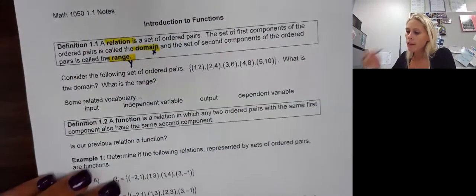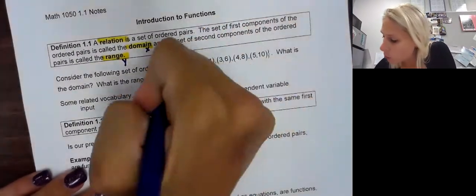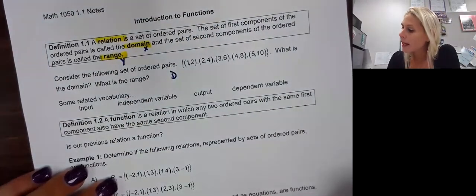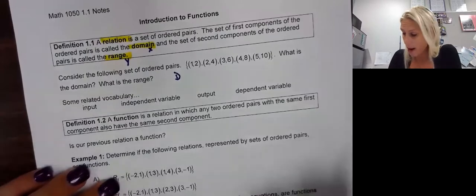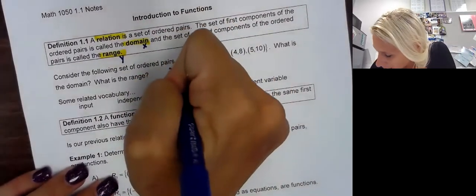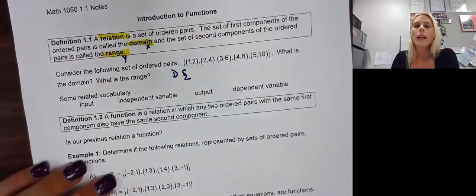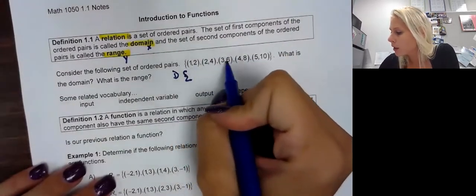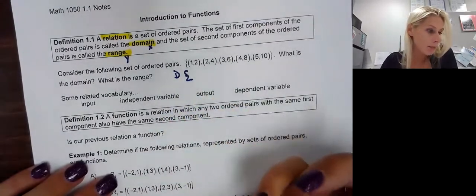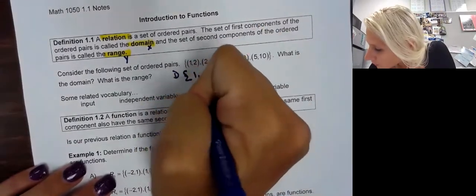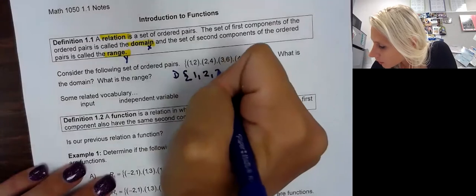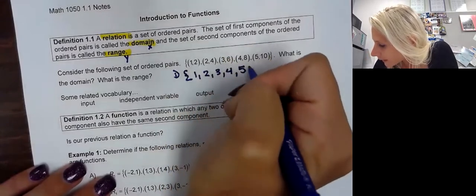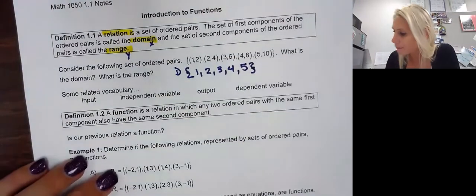Okay. So if we were to consider what the domain was, and I'm going to put D for domain, and I'm going to put a set bracket, that's kind of like that E bracket. And as you can see, the first of each coordinate is my domain. So 1, 2, 3, 4, and 5, and then I can end the bracket.